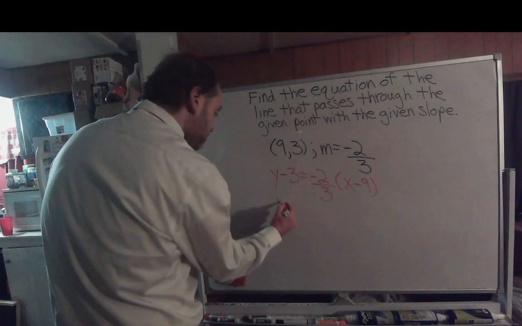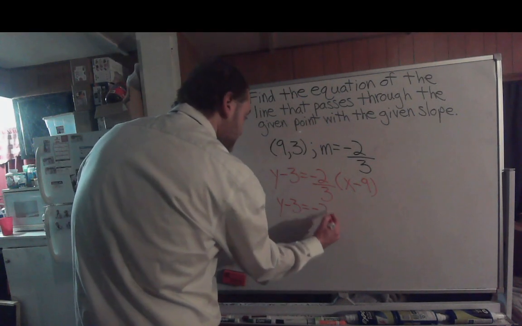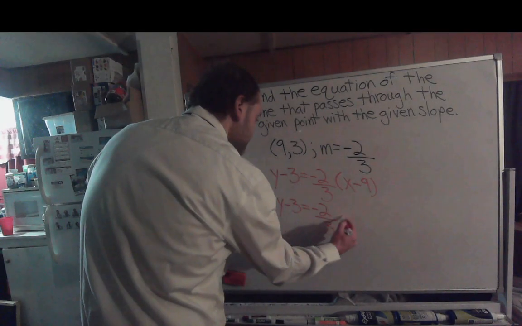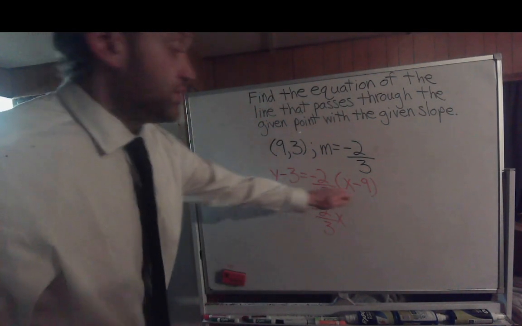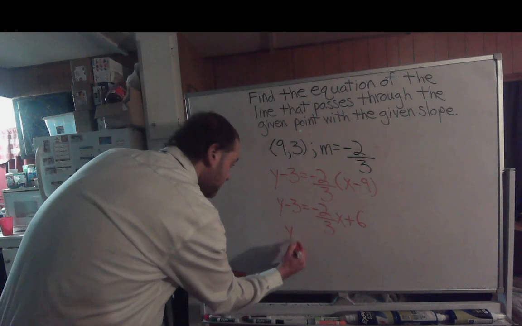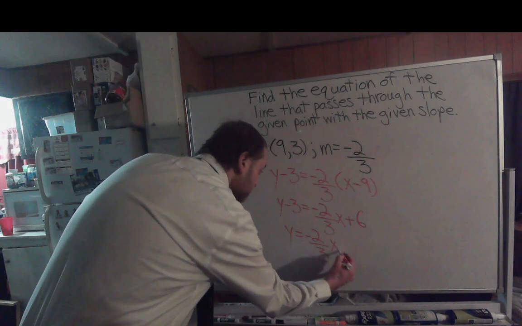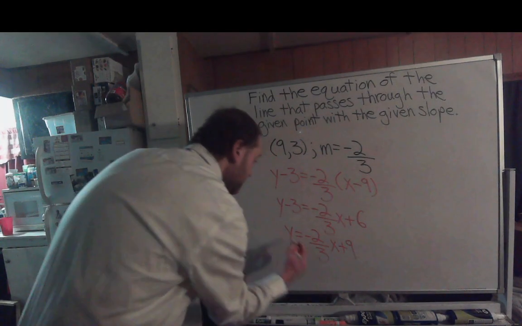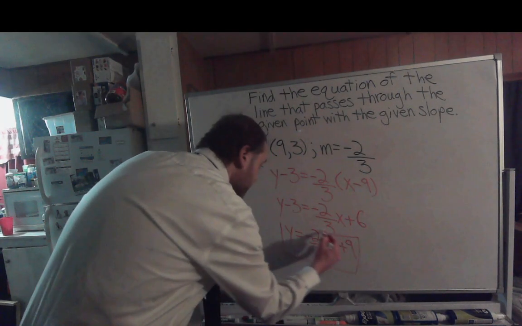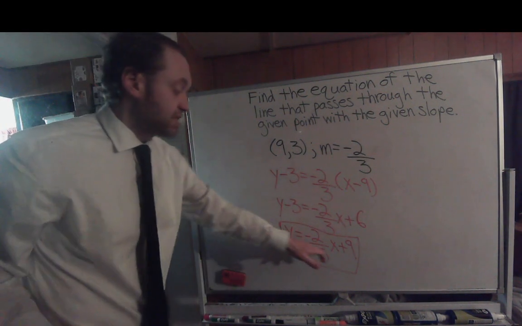Well, this would give you y minus 3 would equal negative 2/3 x. And then you have negative 2/3 times negative 9. That would turn into positive 6. And then just solve for y. You would end up getting y equals negative 2/3 x plus 9. So the equation of the line we'd be looking for is y equals negative 2/3 x plus 9.